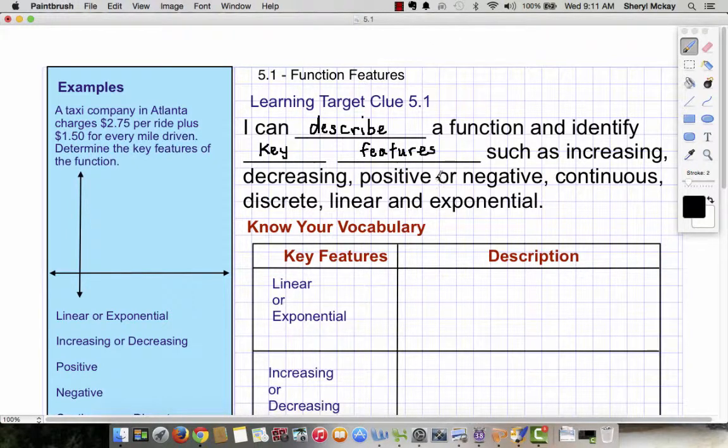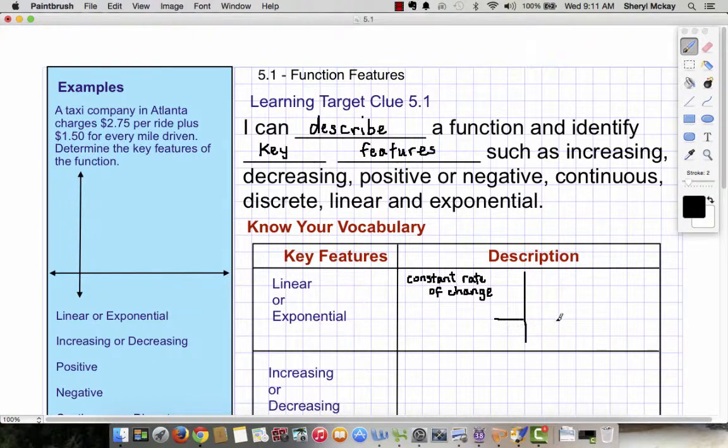But just to make sure that you remember, a linear function has a constant rate of change. And if you graphed it, go ahead and draw a graph here.